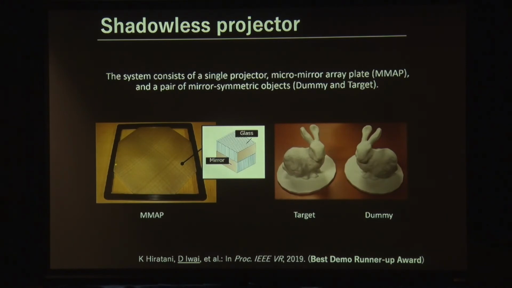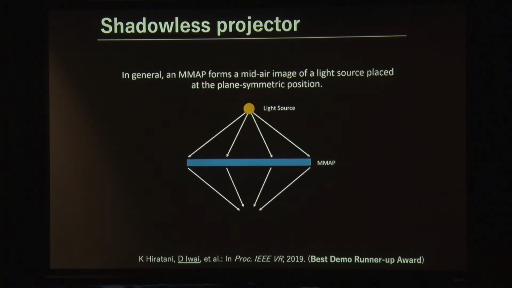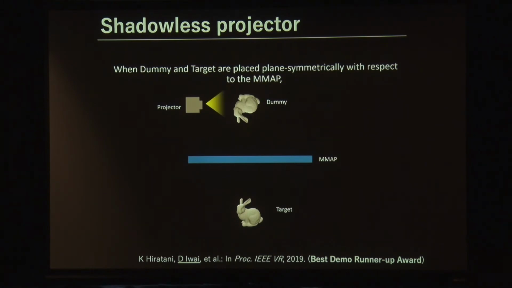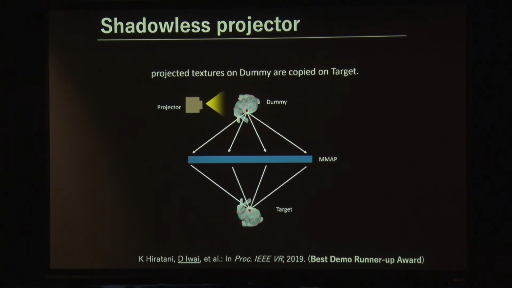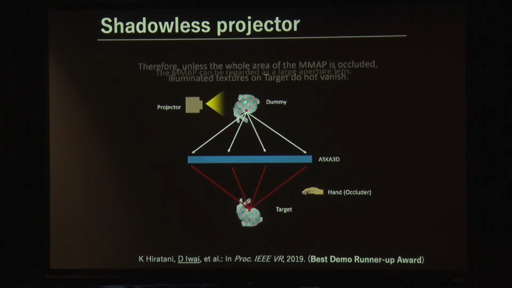And the trick behind it is this optical element, which is a micro mirror array plate, basically used for aerial or mid-air display, but we use it for projection mapping. This optical element works as a large aperture lens, and we place the mirror-shaped object on the other side of the element and project images onto that mirror-shaped dummy object.